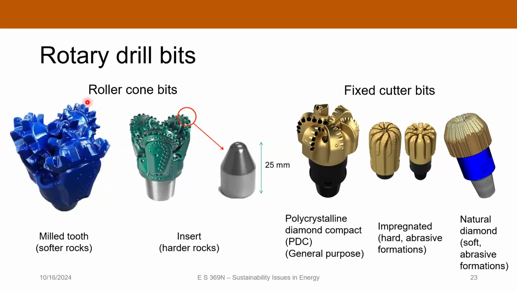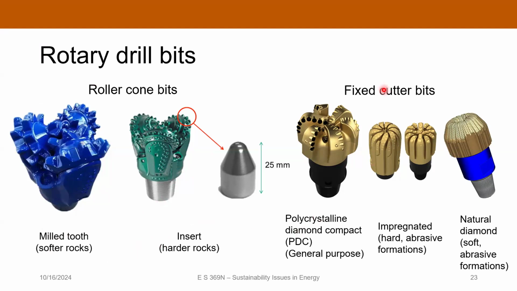And so as you rotate the drill string, these roller cones kind of walk along the bottom of the well, and they either have teeth or they have inserts that look like this, and they impact the rock and break it up into smaller pieces, which then can be carried back to the surface. And so these are typically used in very shallow environments where you've got unconsolidated rocks or kind of moderately hard rocks, and they work pretty efficiently for that.